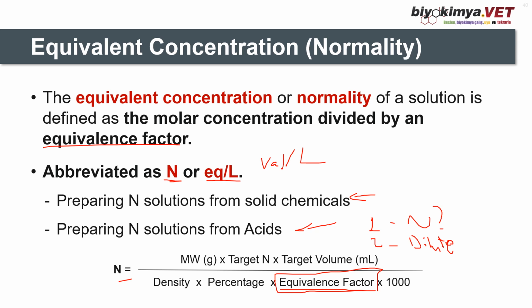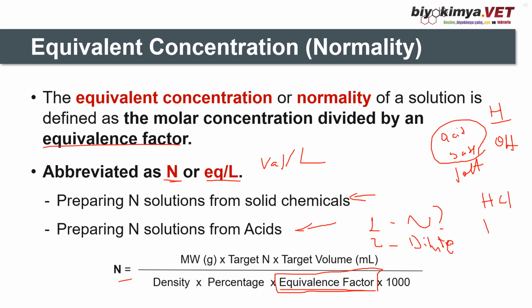And the equivalence factor is determined by the features of the chemical, whether it's an acid, base, salt, or its redox state. In Bronsted-Lowry acids and bases, we look at the number of hydrogens in an acid, and in a base, the number of hydroxyl groups. Let's do an example.